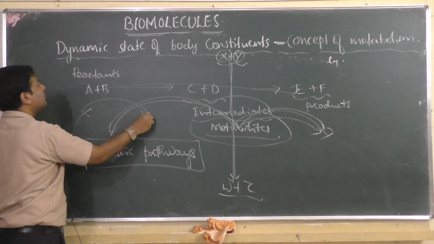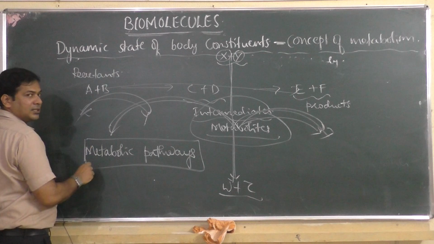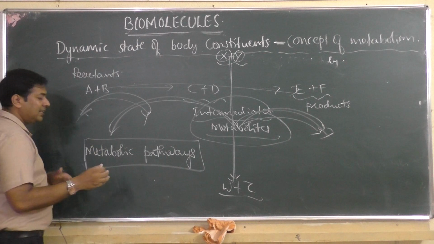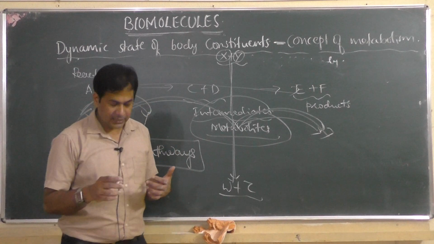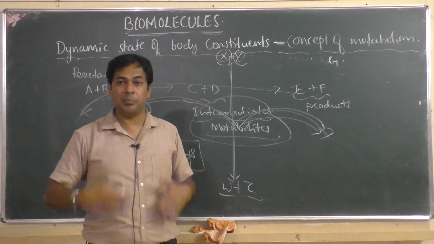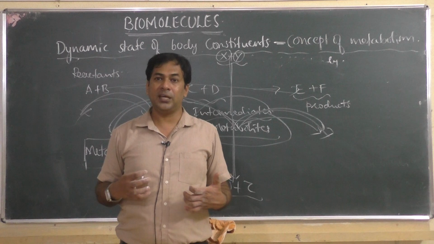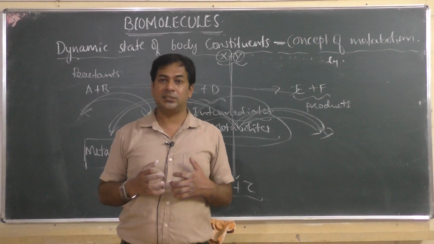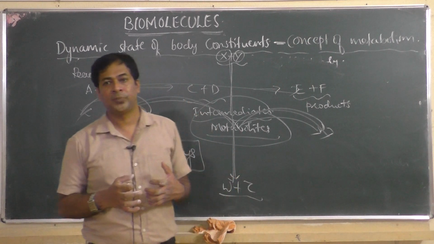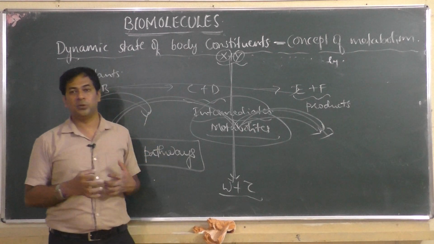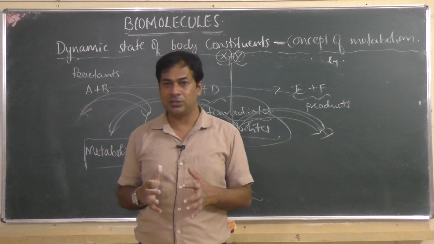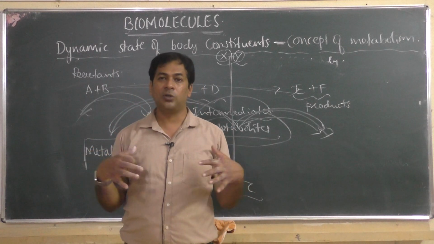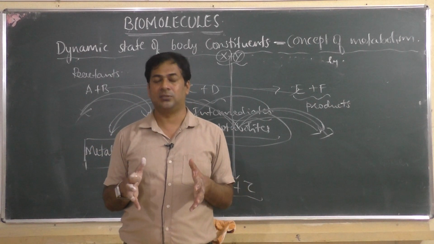X produces Y, then Y can produce X. So that is in a linked reaction or a series of reactions. There are thousands of reactions that happen in our body. So many times the same metabolite, that is the same intermediate, can be produced. It is like a junction, where many roads join at one point.